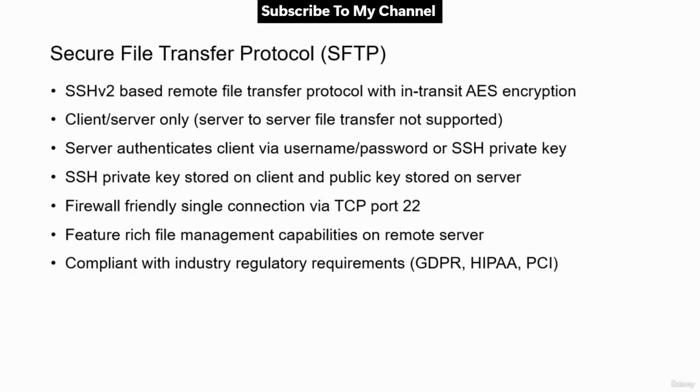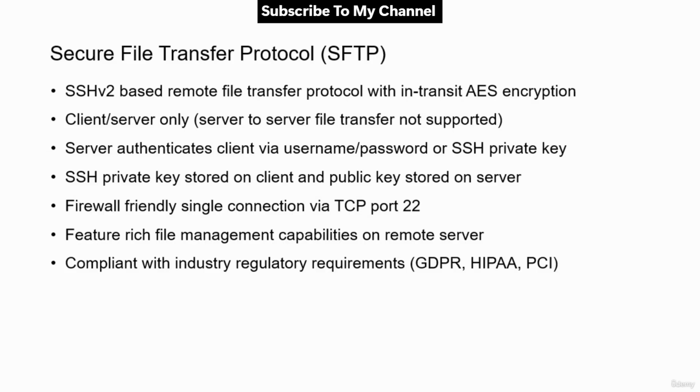The server authenticates the client by either a username and password, which is part of the SSH architecture, or you could use SSH private keys. So you have both options for the authentication piece. The SSH private key is stored on the client and the public key is stored on the server. It's firewall friendly.